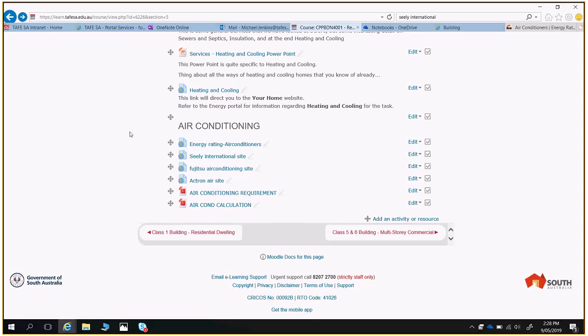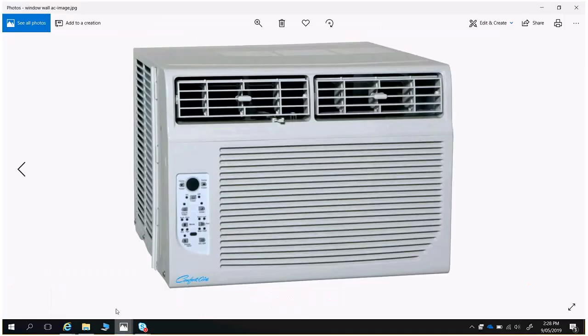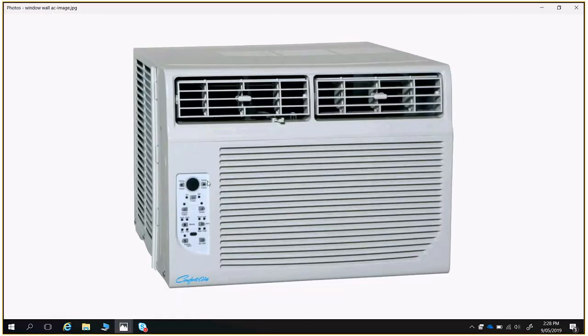Now, with that project, what I've asked you to compare is a wall-mounted reverse cycle air conditioner and a split system reverse cycle air conditioner. I just want to clarify what I mean by both of those. So the first one here, that is your traditional wall-mounted air conditioner. It's all in one.